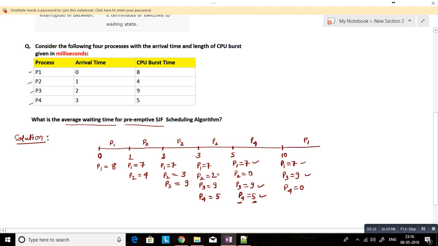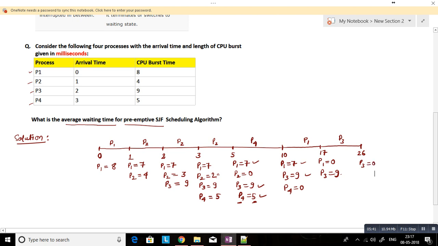So P1 executes, 10 plus 7, 17. So P1 is 0. P3 is 9. Now P3 will execute. So 17 plus 9, it is 26. So now P3 is also 0. So we have to end here.